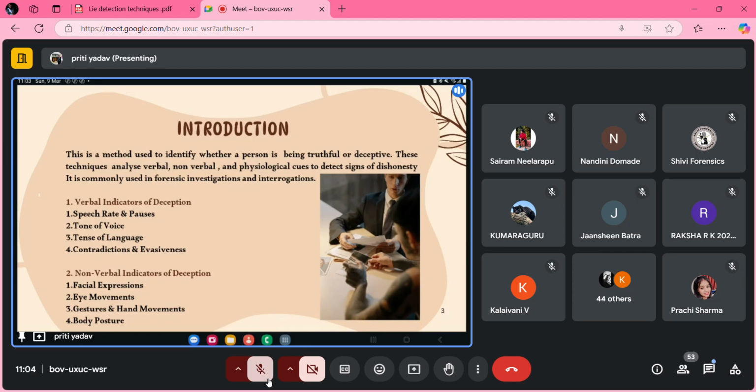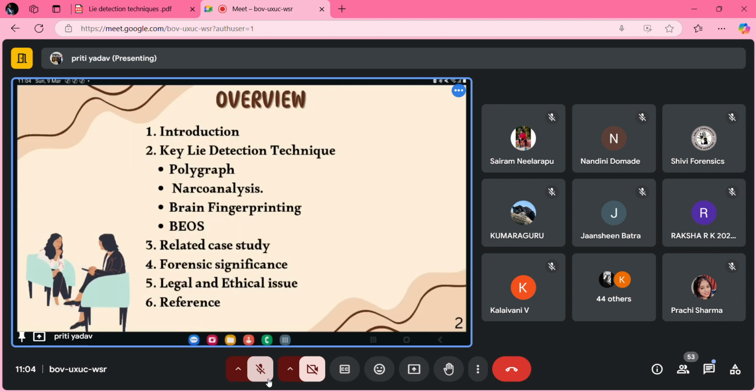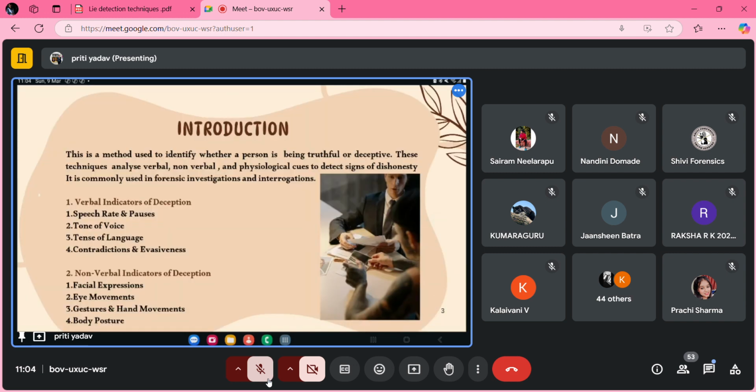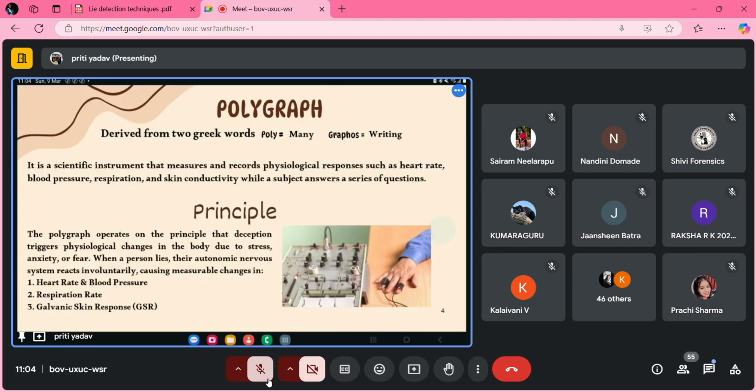A person's statement may shift between past and present tense, and they may try to avoid direct answers. In non-verbal cues, involuntary facial reactions, frequent blinking, excessive hand movement, and signs of discomfort can be seen in the person.